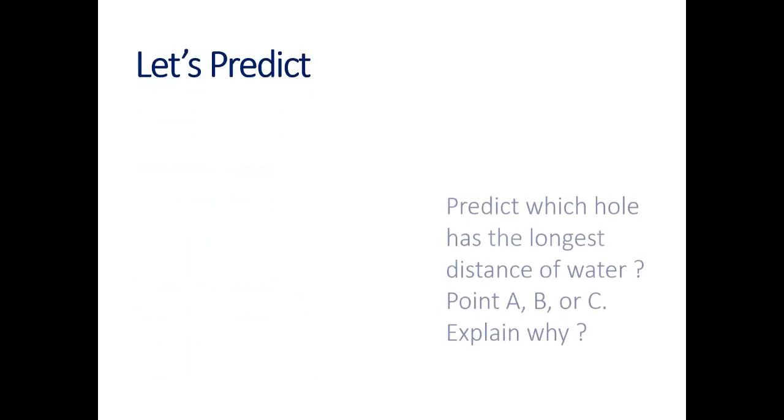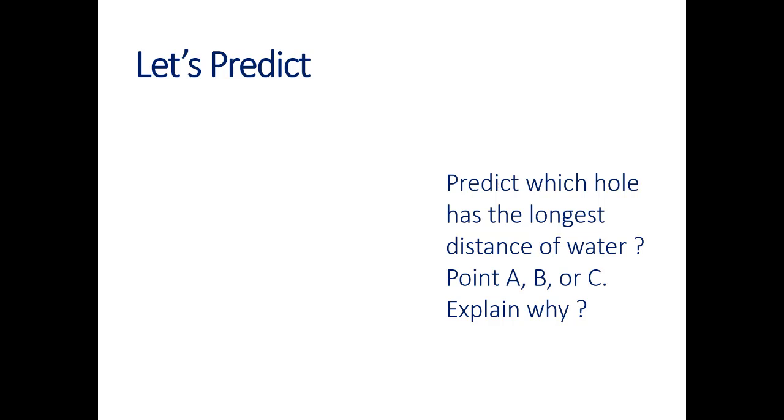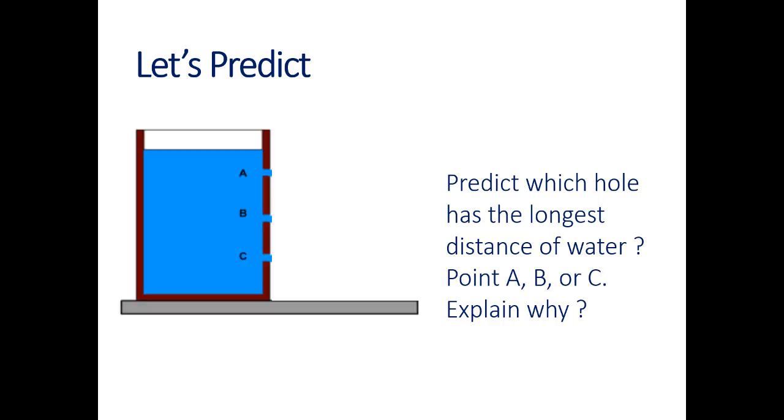Let's predict which hole has the longest distance of water. Point A, B, or C. Maybe you can try this as well. You can take a bottle of water and make holes in 3 different positions, and you can see how long the distance of water coming out from the bottle is, and explain why.